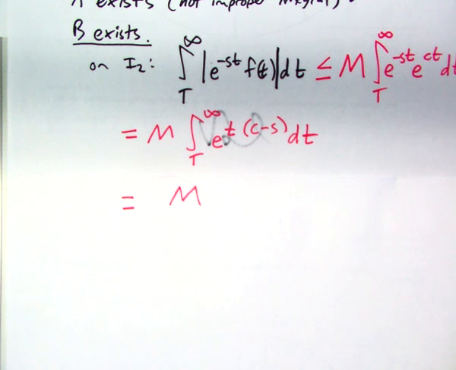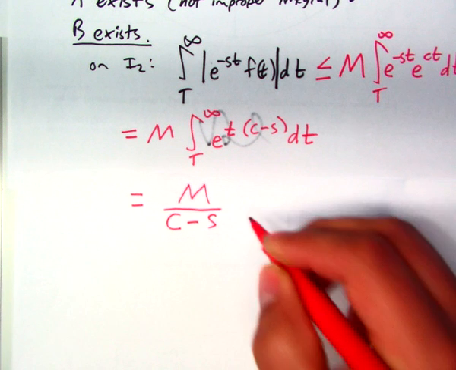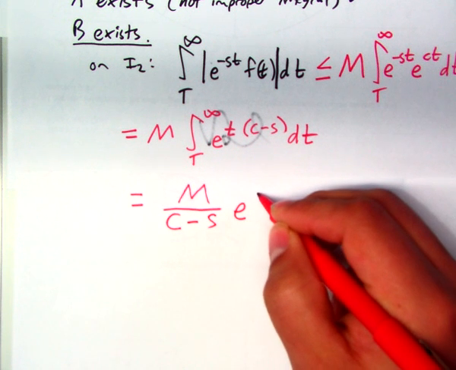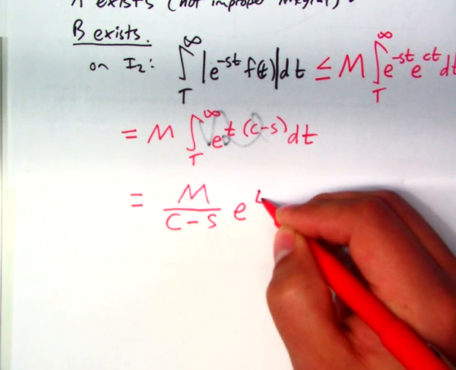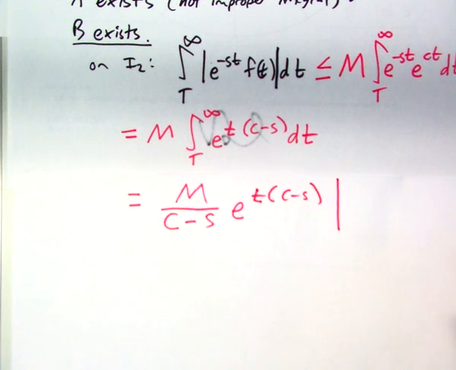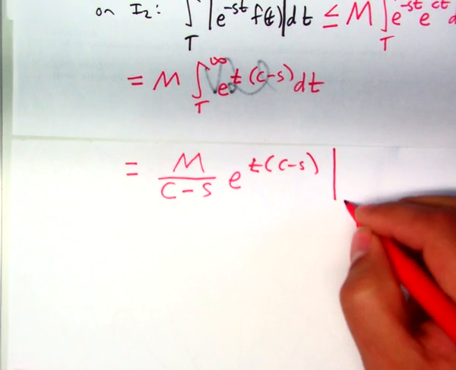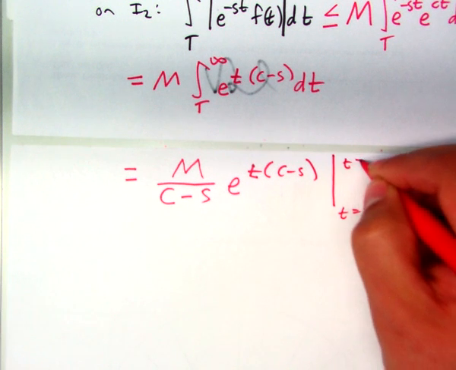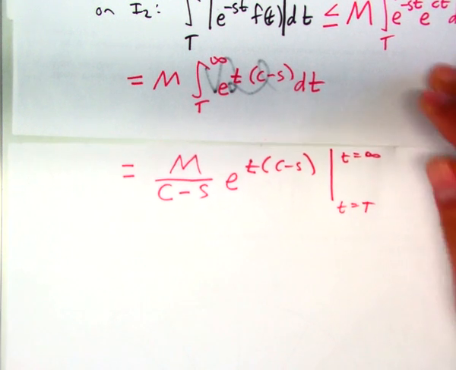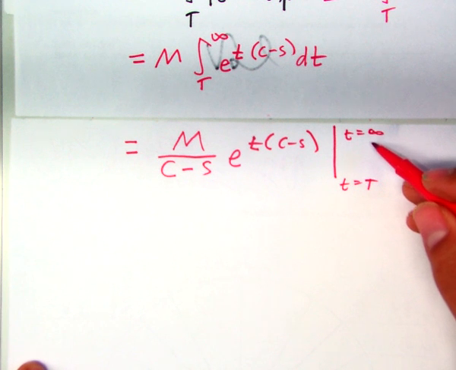What's the integral of an exponential? Good. And now we're going to go from t equals capital T to t equals infinity. Again, we understand that what we're really doing is evaluating the limit as we go to infinity.